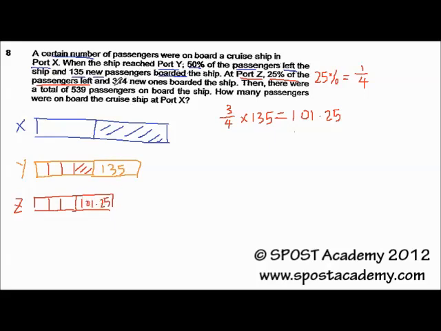However, there will be another 314 new ones boarded the ship. So there will be another 314. As a result, there were a total of 539 passengers on board the ship. So there's a total of 539.